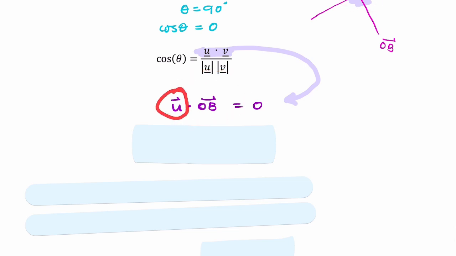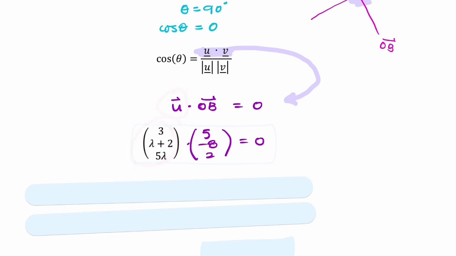So u is given in the question, and OB, we've used it before, it's in the question. And setting these two side by side, we can simply say, well, for this to be a dot product, it means 3 multiplied by 5 and lambda plus 2 multiplied by -8 and 5 lambda multiplied by 2.